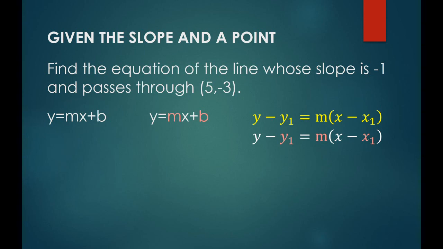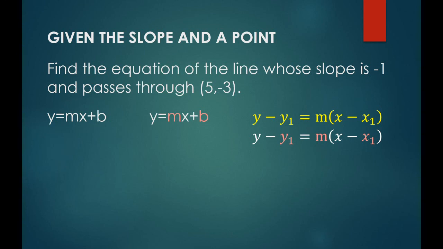Dahil mahirap yan, ito yung gagamitin natin na formula. Y minus y sub 1 is equal to m times x minus x sub 1. So, ang papalitan lang natin na values dyan ay yung colored na pink. So, y sub 1, m, tsaka x sub 1. Yung m, alam nyo na slope yun, di ba?